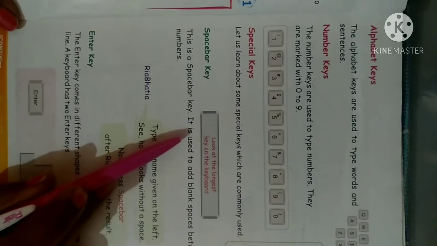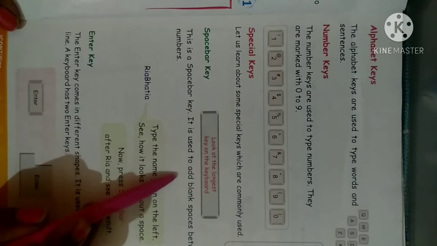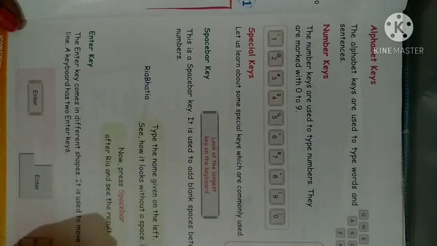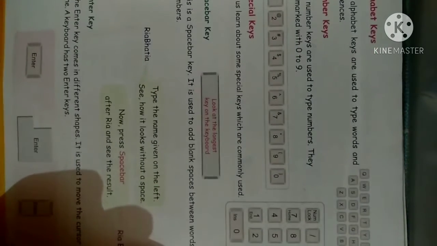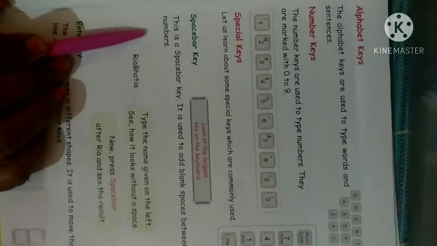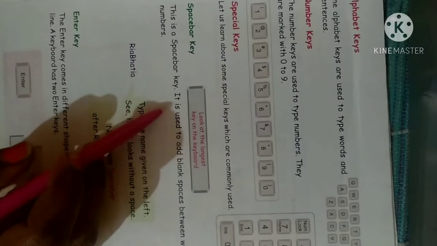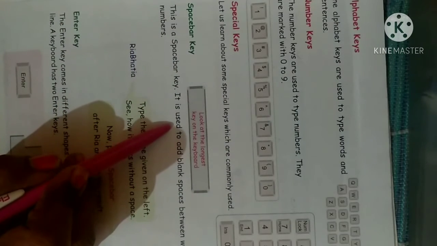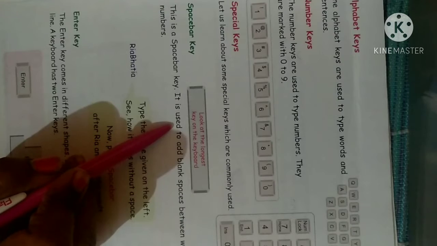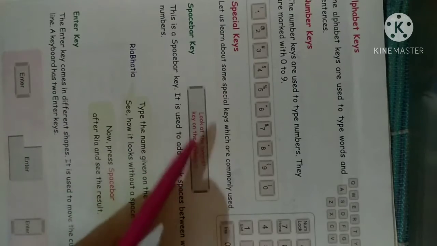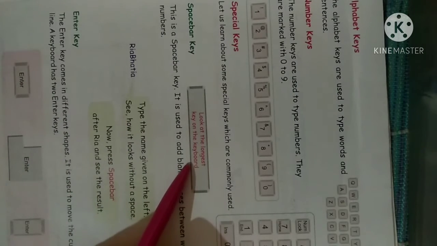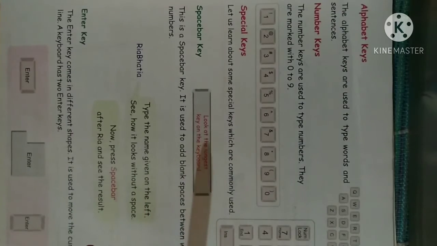It is used to add blank space between words, letters, or numbers. Whenever we are writing any word, we need some space between. So what we use for giving space on computer, we are using space bar key for giving the space between the words.